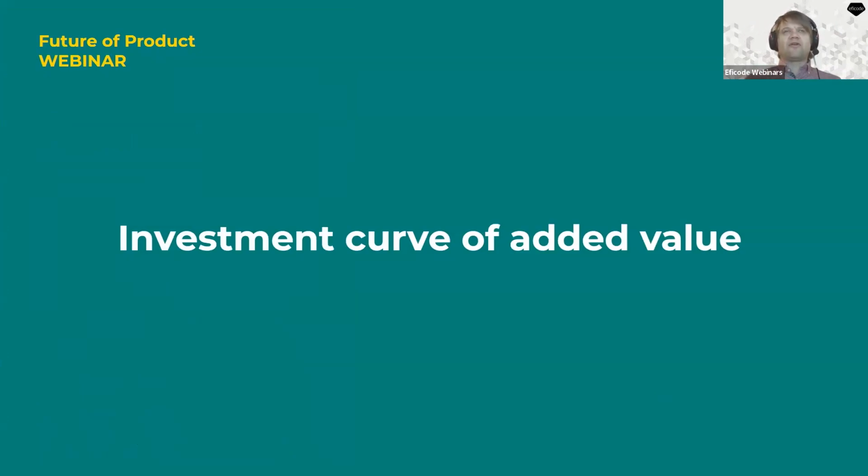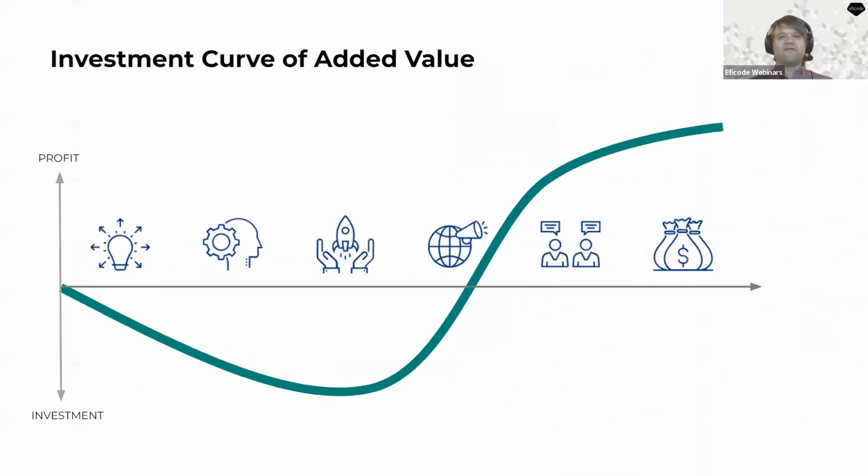Like Henri said, this might be something you've heard before already. But overall, when you think about investment curves, this is true to all the products, all the features, all the releases, basically all the investments you do in an organizational context. There are these 6 different phases to it.